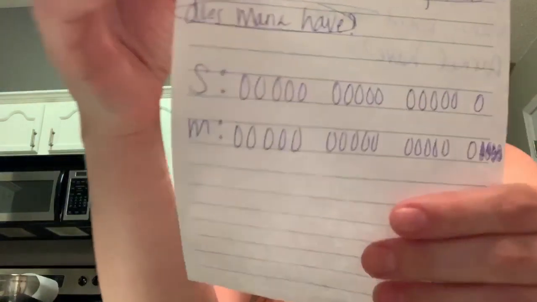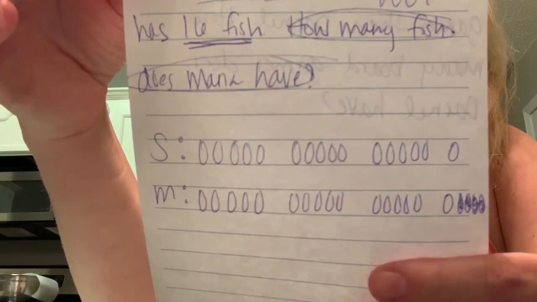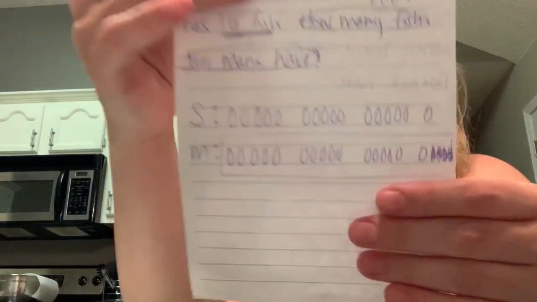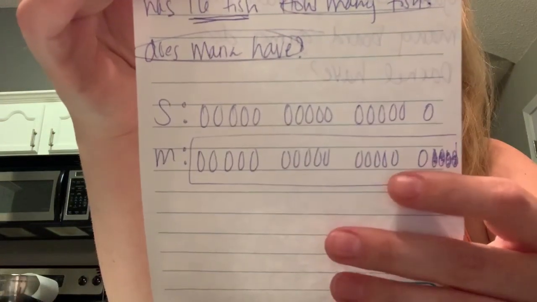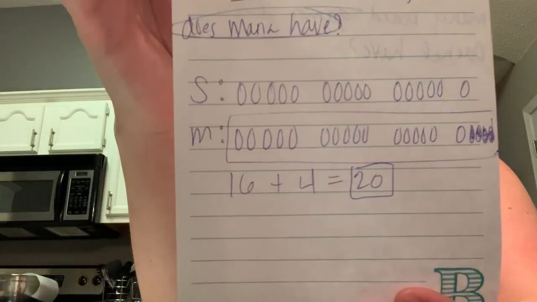Our question was to know how many did Maria have? So Maria, if she had 4 more, that means we're going to be adding those 4 to that 16 because she had 4 more than Shanika. So what we did was we took Shanika's 16, we added 4, and we came out with 20.